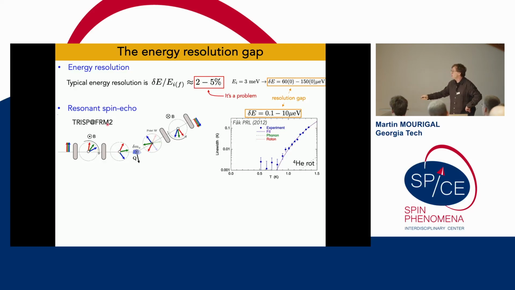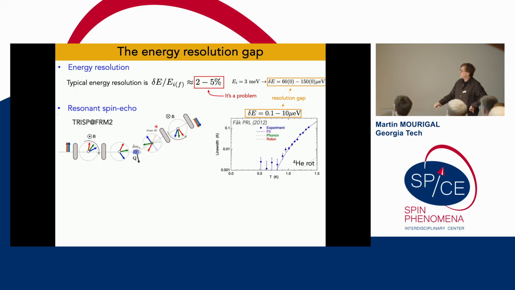There is a machine in Munich called TRISP that does this. Essentially the way this works is you prepare a wave packet of neutrons. They may have slightly different velocities. You make them evolve in a field, and like in a typical NMR experiment, in some sense, they're going to dephase. Then the sample scatters them, so it will flip the spins, and this kind of stuff will be inverted.